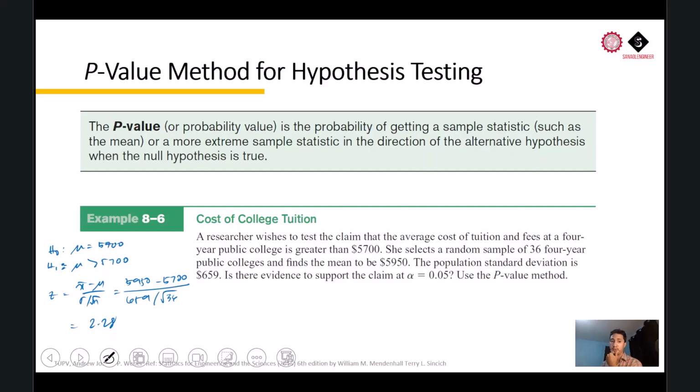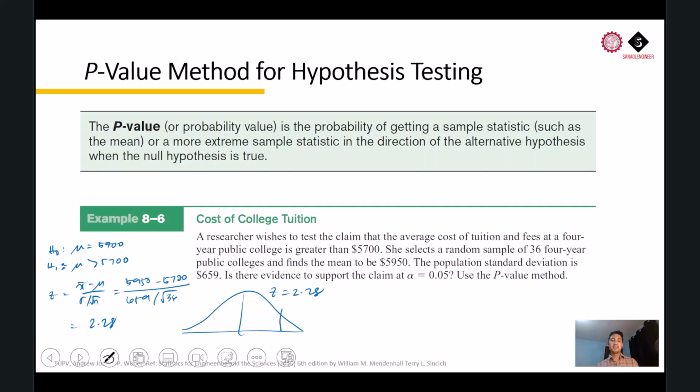Okay, so 2.28. We're going to draw this, since this is a right tail. This is z 2.28, and we know the significance level to be 0.05.